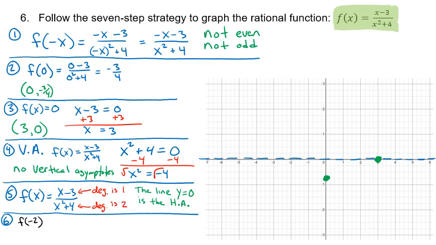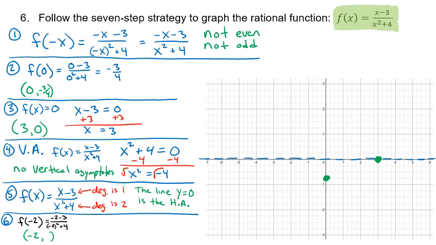When x is -2. Well, that's -2 minus 3, I'm just replacing x with a -2, over -2 squared plus 4. I hope I'm not writing too small, but I'm running really low on room. So that's the point, x -2.